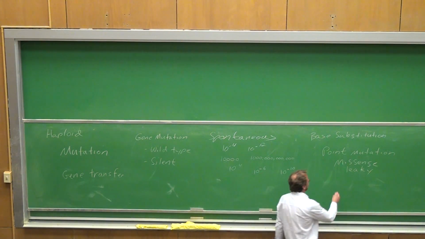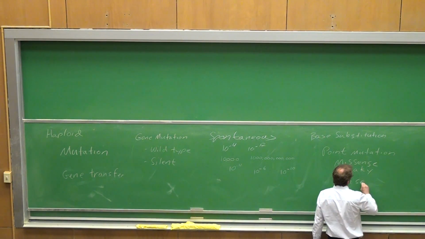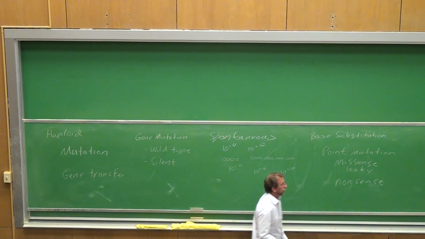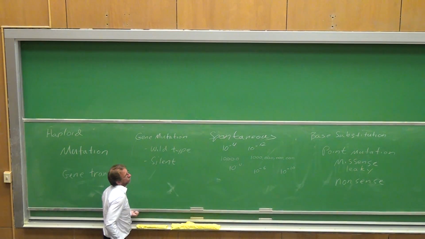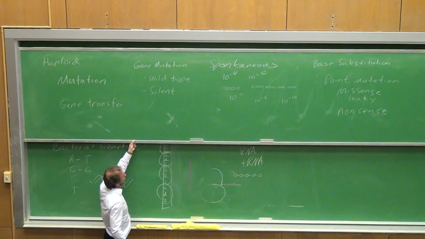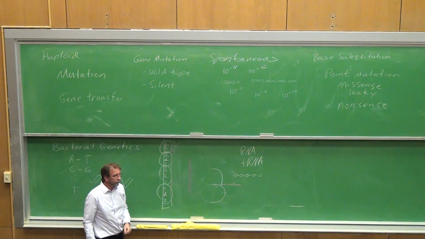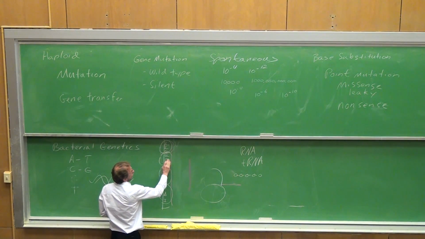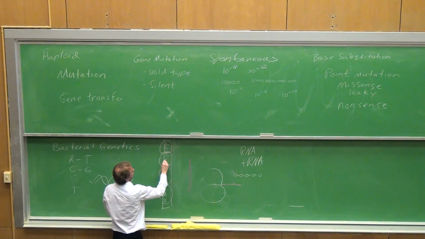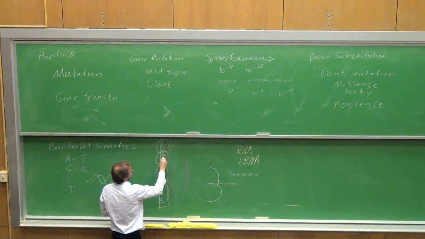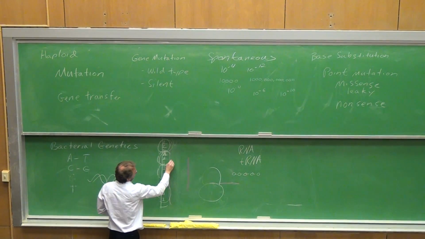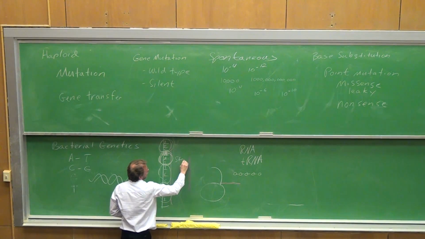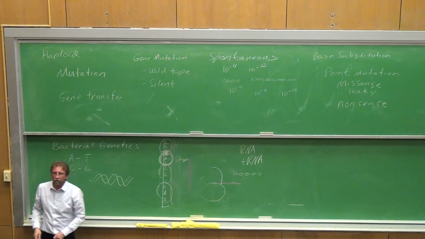You could have a nonsense mutation. In that case, when you go back to our sequence here, a nonsense mutation might happen here, or here, excuse me, such that it changes this to a stop codon, and so the protein doesn't get coded at all.